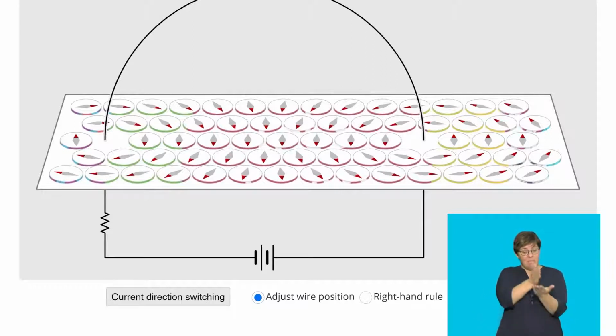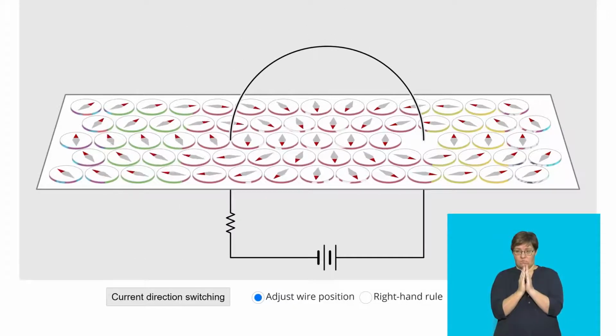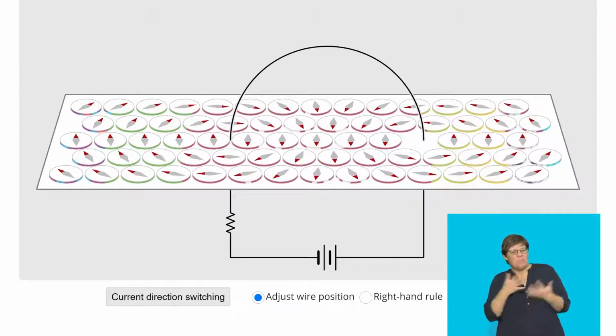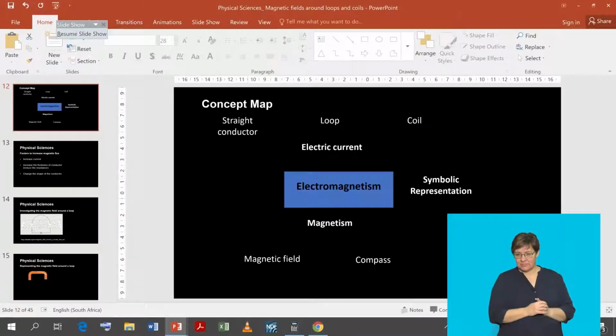And in the middle here, some of these compass needles are starting to align, but some of them aren't quite as aligned. If we bring them closer together, you'll see that there's a stronger field in the middle here. More of those compass needles are kind of pointing in the same direction. It's not as clear as I would have liked it to be, but anyway, that's a little bit of an investigation.